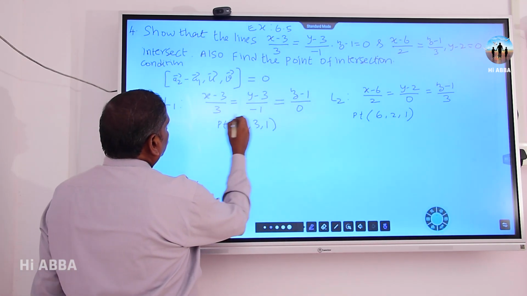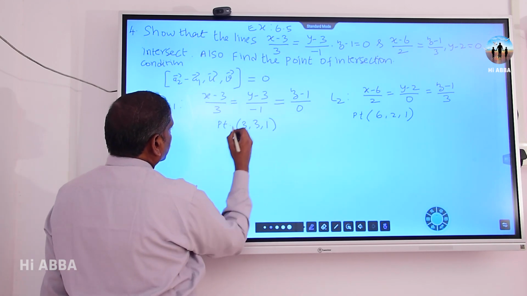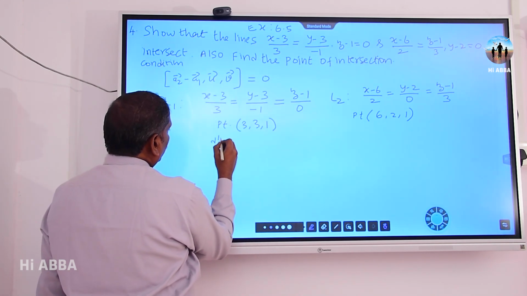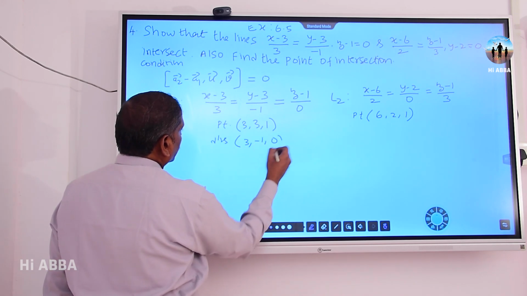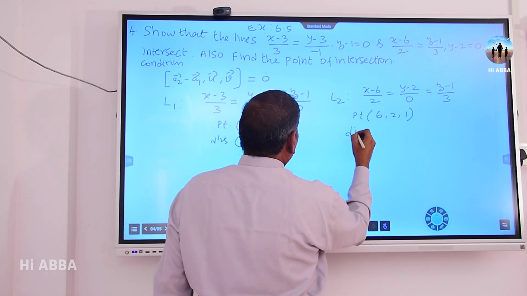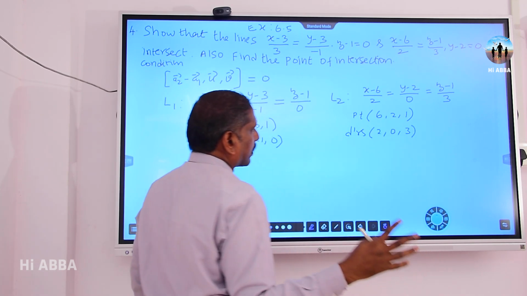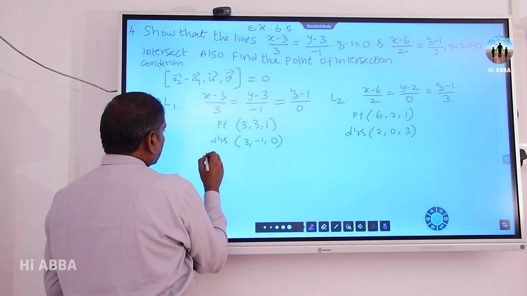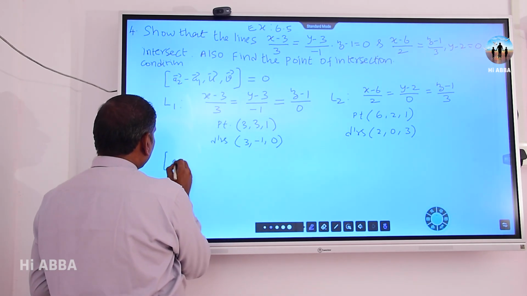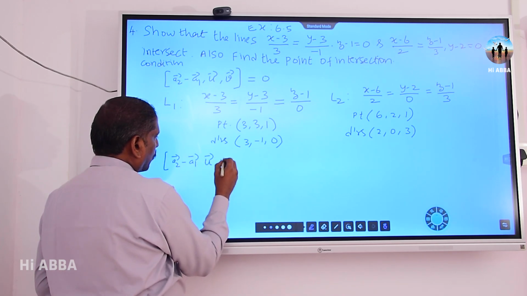Then you go for direction ratios, that is, the u vector is nothing but the direction ratios you have to collect. The direction ratio of the first line is 3 comma minus 1 comma 0, and that of the second line is 2 comma 0 comma 3. Once you collect everything, you put a box: the box of a2 vector minus a1 vector, u vector and v vector.